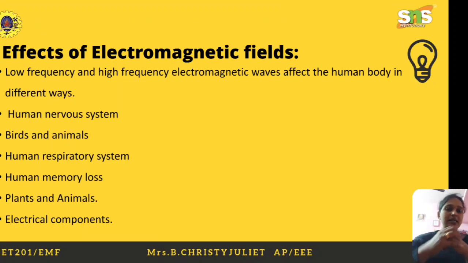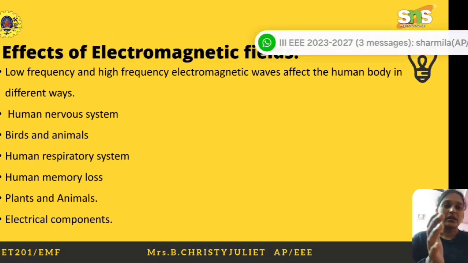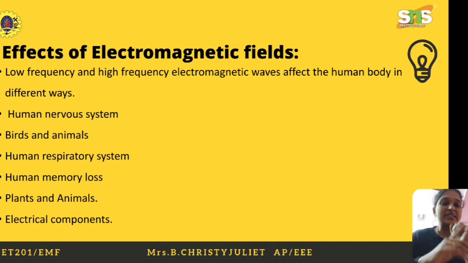So now let's see what the effects of these electromagnetic fields are. Low frequency and high frequency electromagnetic waves affect the human body in different ways, which we are very much aware of. First, it affects the human nervous system.